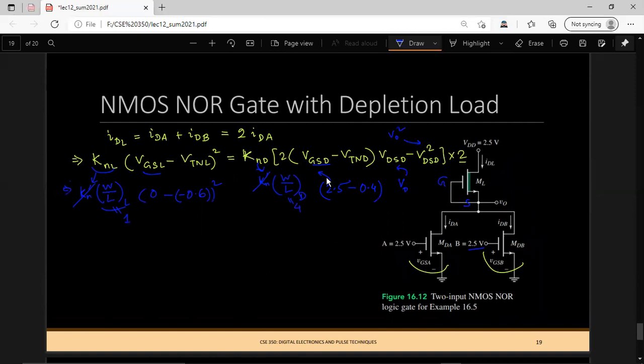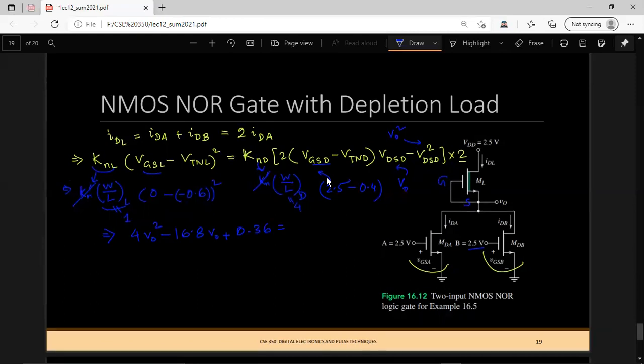So if we simplify this formula, we will get 4V0 squared minus 16.8 V0 plus 0.36 equals 0, and this will lead us to V0 equals 4.178 volt and 0.02153 volt.